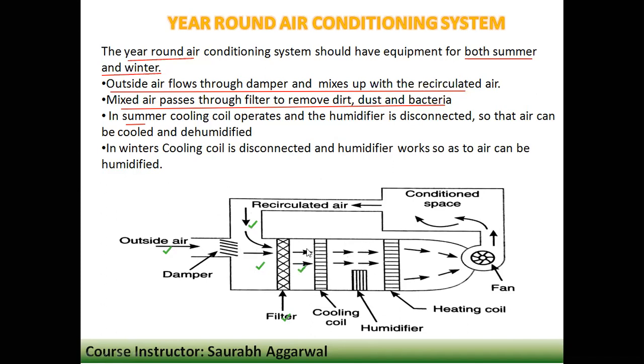Now this air conditioning system has a cooling coil, a heating coil, and a humidifier. We have seen that in winter AC we had a humidifier, but in summer AC we did not have a humidifier, we had a sump over here. There were two heating coils, but over here there is one cooling coil and one heating coil, and then we have a humidifier over here.